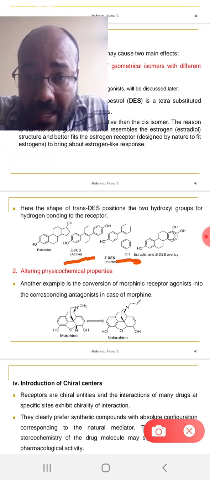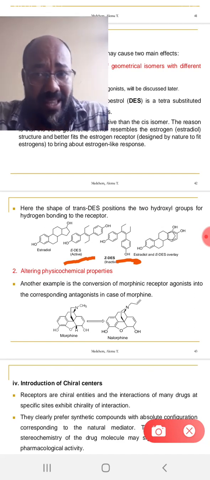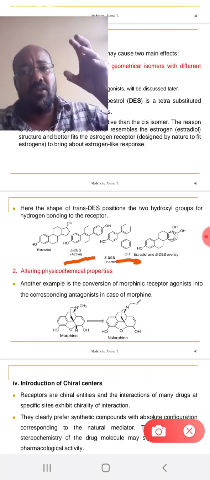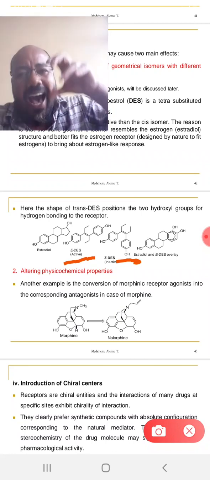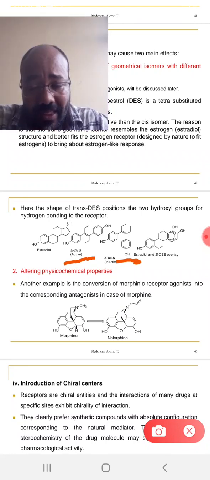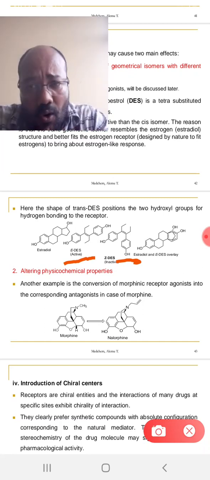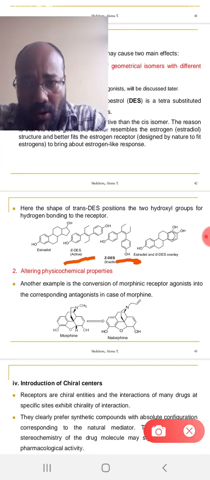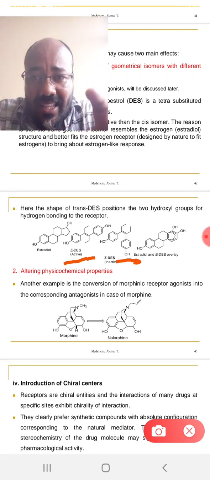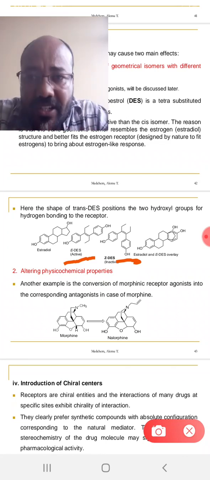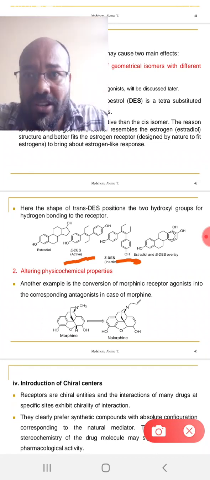Why is the trans one active and the cis one inactive in the case of diethylstilbestrol? In drug design, we state that drug design means producing or making a drug based on its target site. When we see the structure of the E or trans diethylstilbestrol, naturally the trans structure resembles the estrogen receptor.